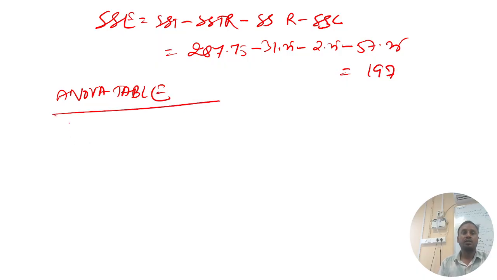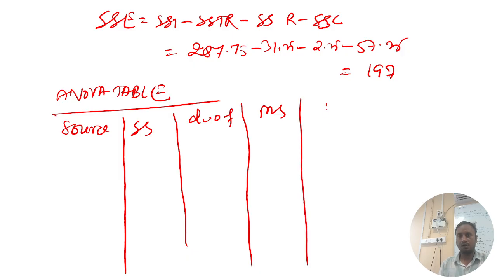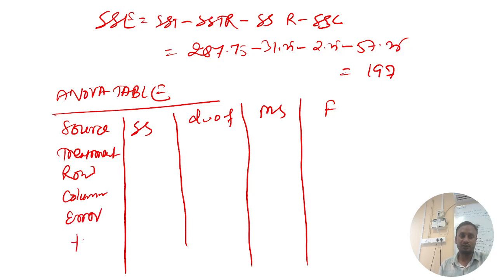Source, and we'll go with the SS, degree of freedom, MS, F. For source, first is treatment, row, column, error, total.